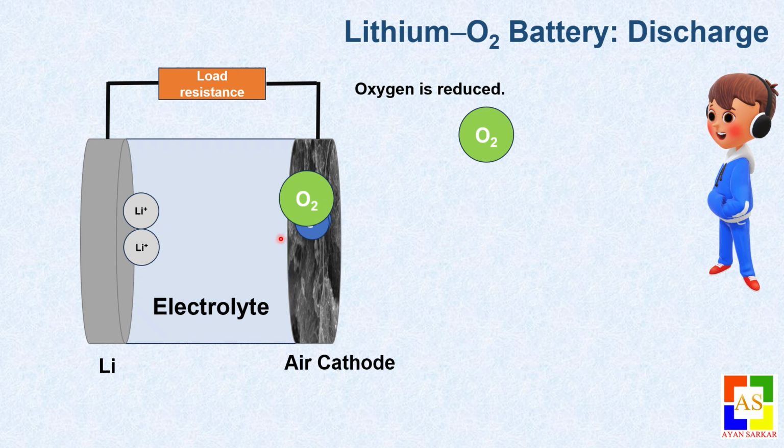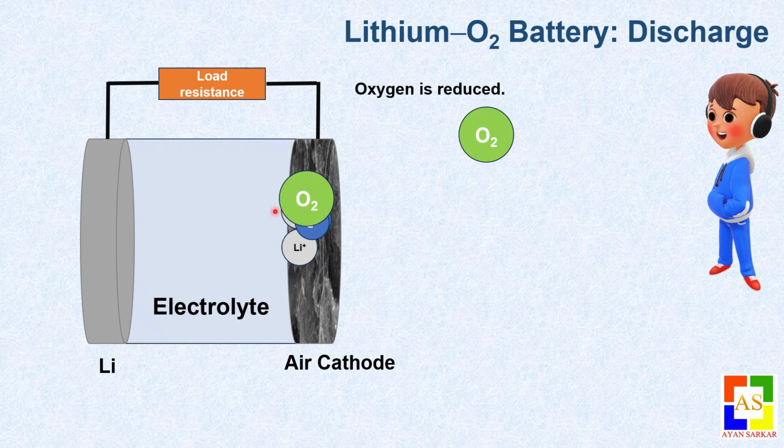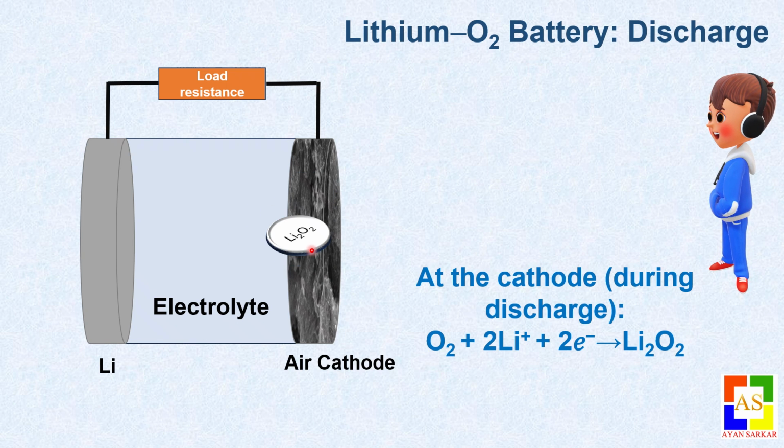Lithium also moves through the electrolyte, and their reaction happens, and generally we get lithium peroxide as the discharge product. Here you can see the cathode during discharge. So you have Li2O2.